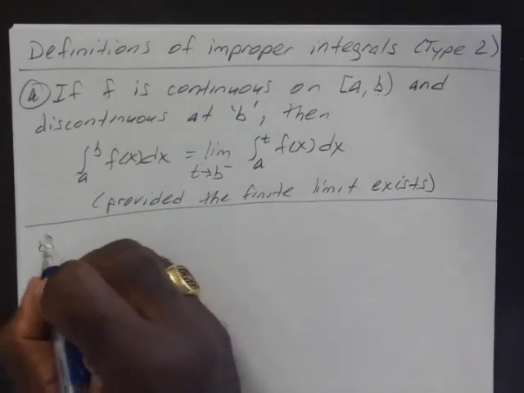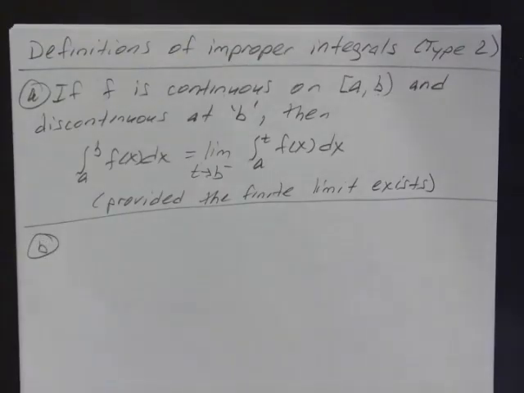Now for B, imagine the very same graph, but instead the vertical asymptote is A. So the graph is going further and further up in the direction of A, really just approaching A from the right.